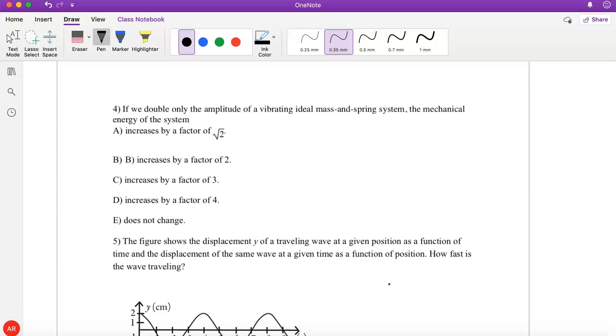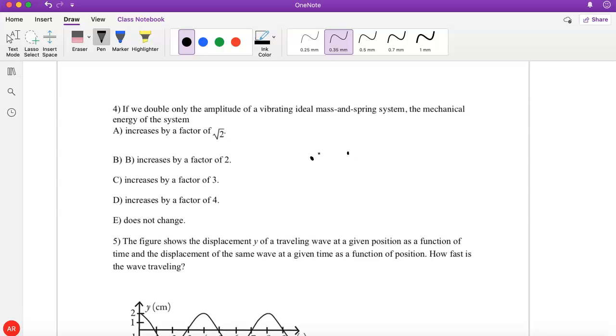Okay, the next multiple choice question is saying we double only the amplitude of a vibrating ideal mass and spring system. What happens to the mechanical energy of the system? So mechanical energy, remember, is the kinetic energy plus the potential energy.